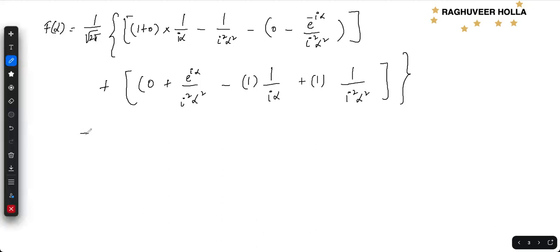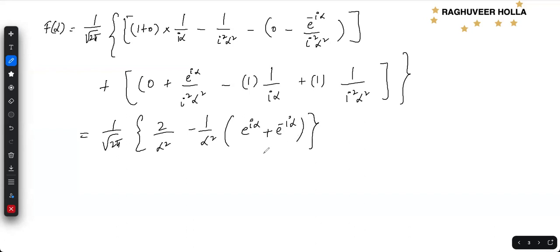So let us try to simplify further quickly. We get this as 2 by alpha square minus 1 by alpha square, and e to the power of i alpha plus e to the power of minus i alpha. So e to the power of i theta plus e to the power of minus i theta is equal to 2 cos theta.